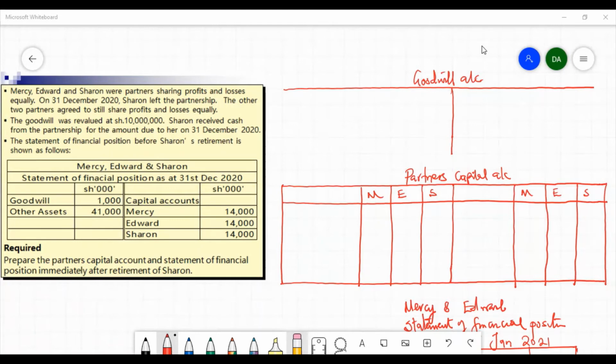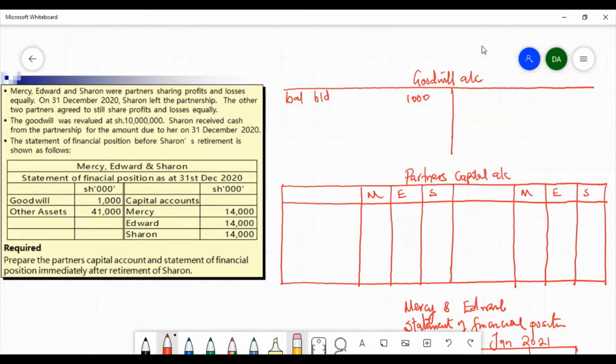Now, to begin with, we record goodwill of the business. At the beginning, there is a balance brought down of goodwill, which is a debit balance, of 1 million.